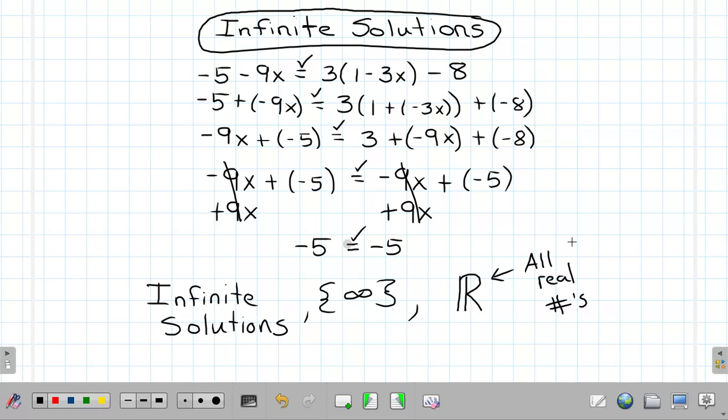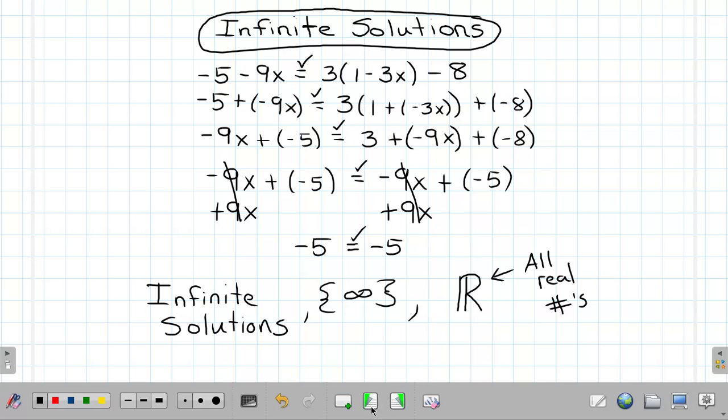A lot of people do like this now, when you show it to them. So if you'd like to use the double backed R, that means all real numbers. What that means is any number that you plug in up here is going to give you the same thing on both sides. So this is going to always be equal. So that is an example of an equation with infinite solutions.